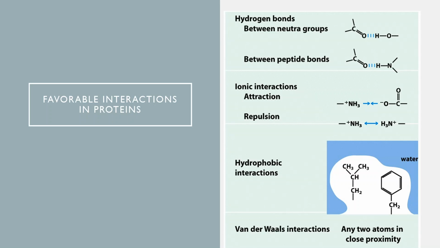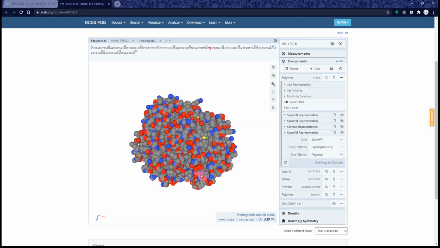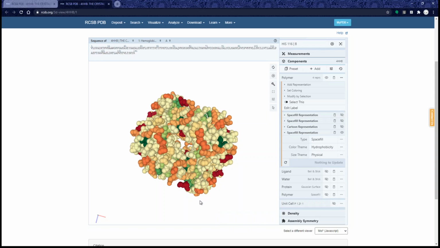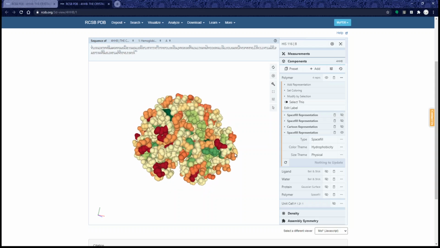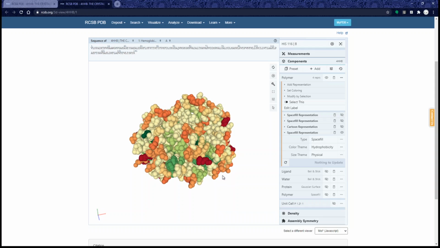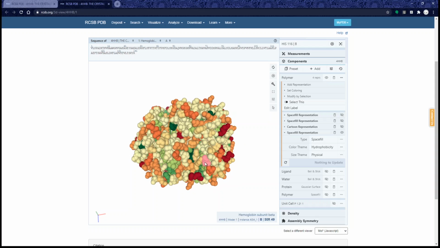So, for example, if we go back to our three-dimensional representation of hemoglobin, this little website has the ability to let you look at, for example, the hydrophobicity of your amino acids. If I visualize that, you can see all the greenish amino acids are the hydrophobic ones, and for the most part they are tucked deep inside the protein, whereas the more hydrophilic ones, like here's a glutamate, here's an aspartate, here's a lysine, are all on the outside.